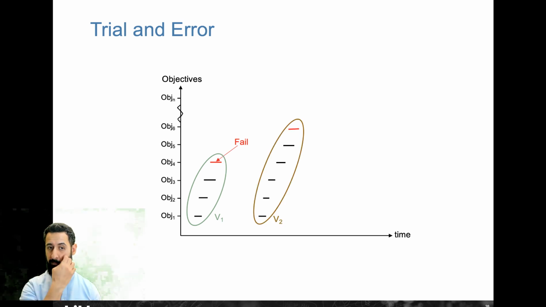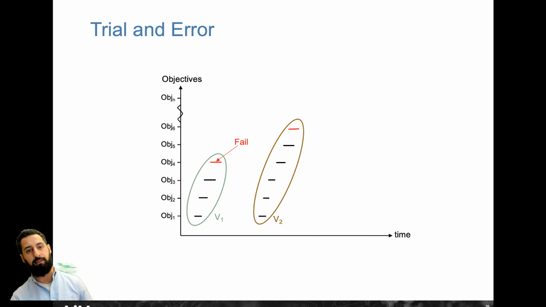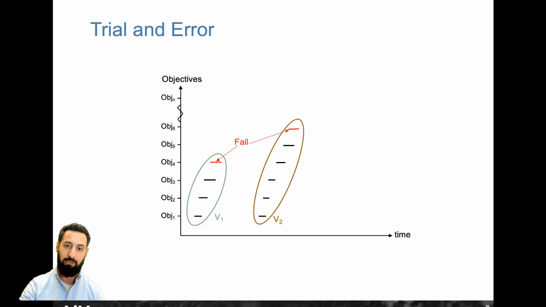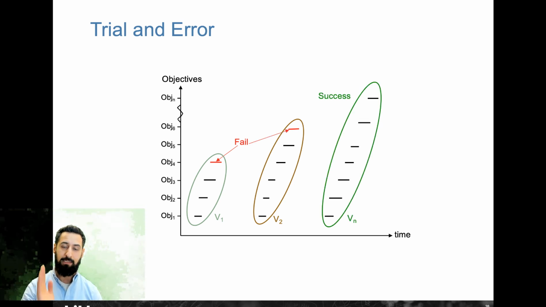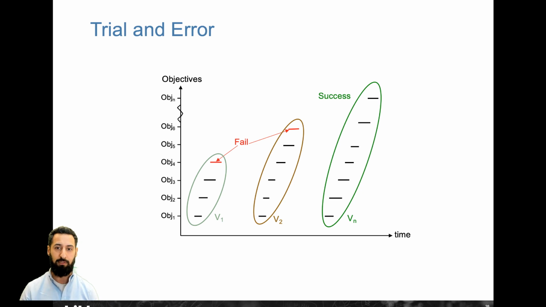And if the y-axis represents the objectives that you have for your model, there's a high chance that after a couple of objectives you will fail, and then you have to restart. Maybe you even have to throw out the old model and then start from the beginning. This is not something which is out of the ordinary. That's how it is. So don't get too sad if this happens to you. It happens to everyone, and it's how it should be.